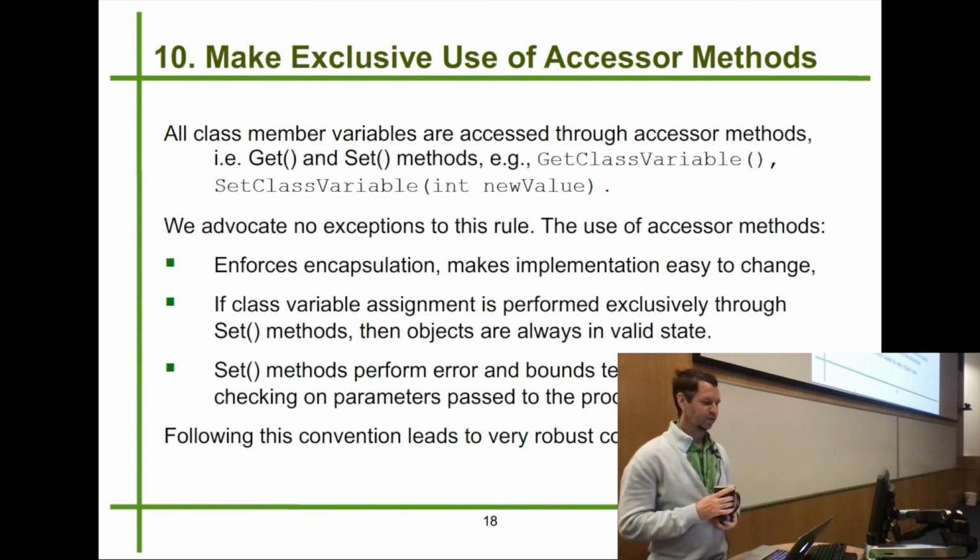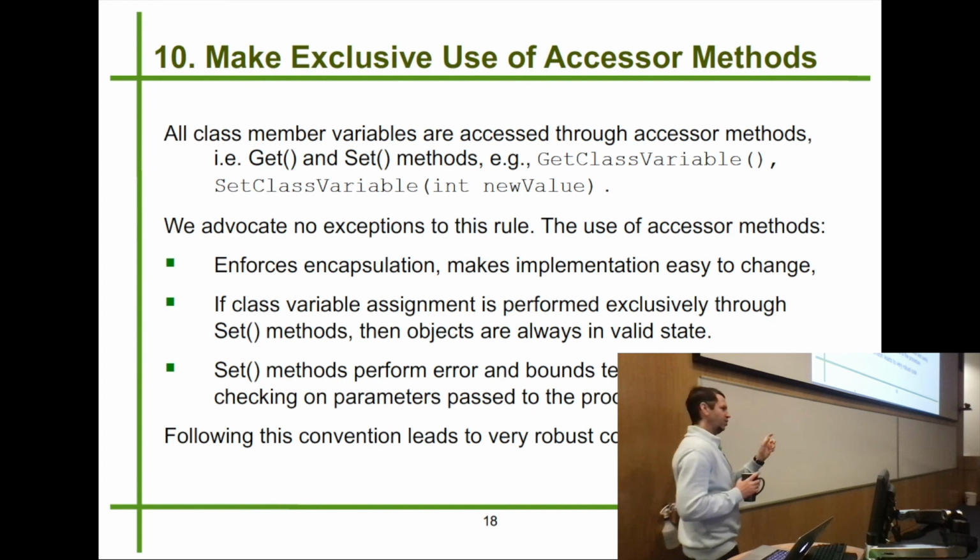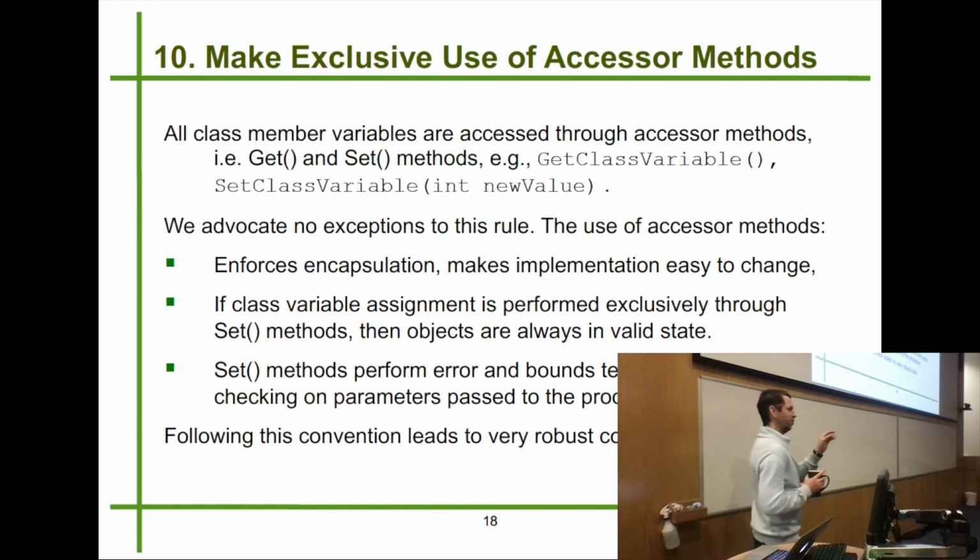Make exclusive use of accessor methods. Hopefully everybody's heard me say that a million times already, right? It's because accessor methods perform error checking. Every time you call a set method, it checks for errors. Like, is the value you're setting within the proper range, right? Is it above the minimum? Is it below the maximum?